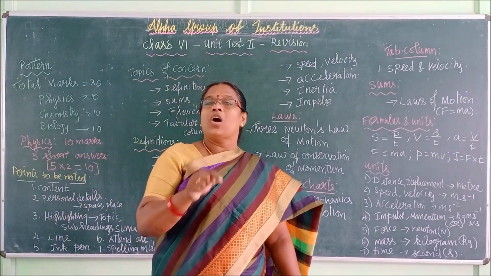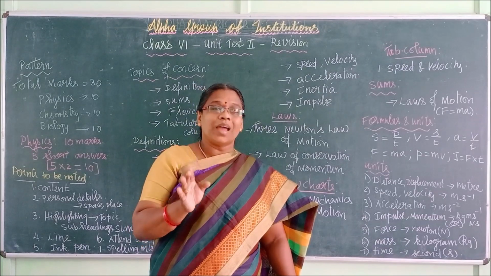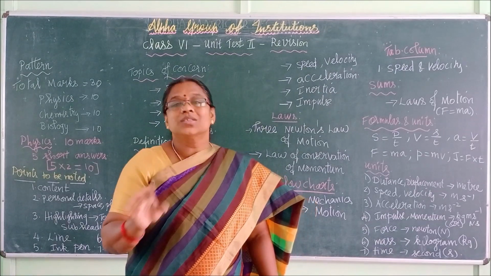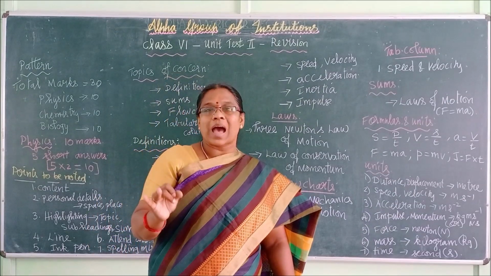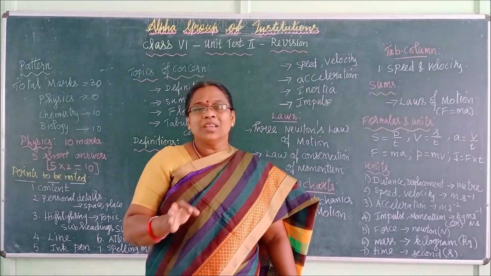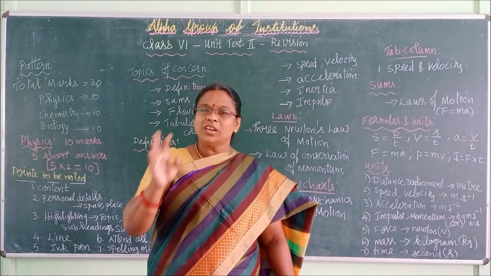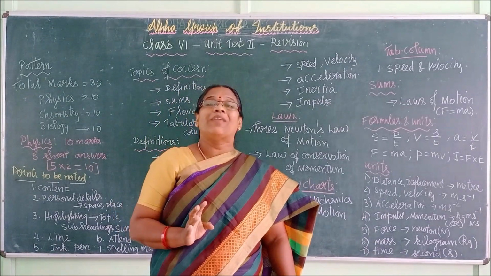Don't say that it is not asked in the question paper. Why should we write? Because marks won't be given otherwise. Definition takes 1 mark, formula takes half mark, unit takes half mark. If a formula is not there, better leave it. Right? So definition, unit. If a formula is there, surely you have to write it.